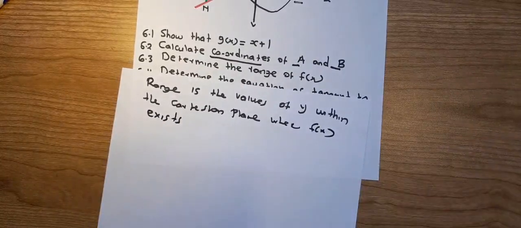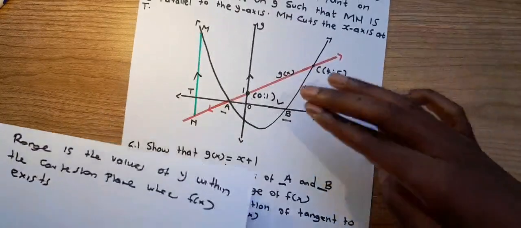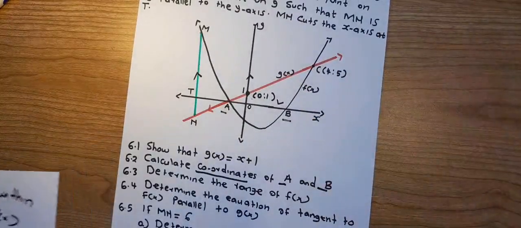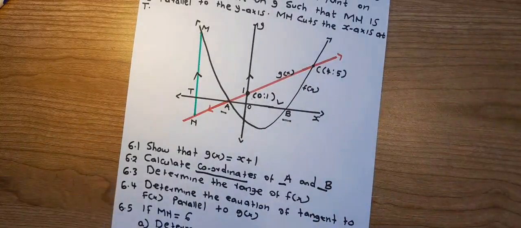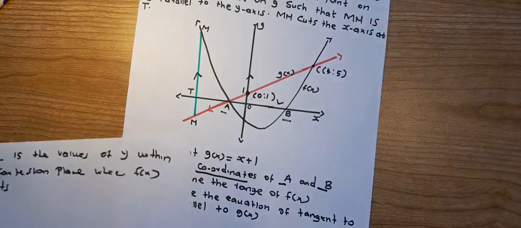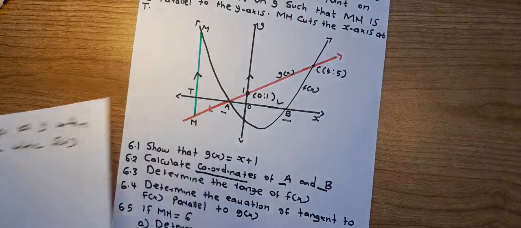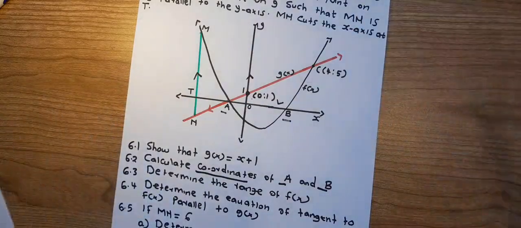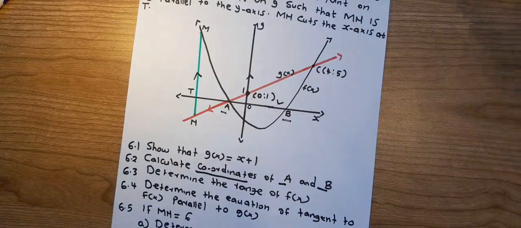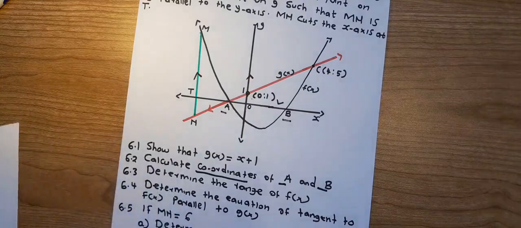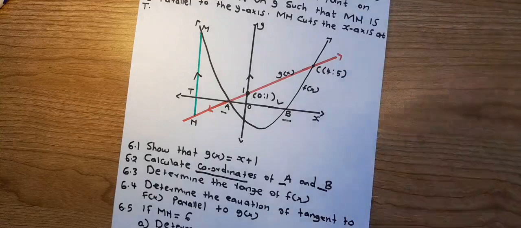When they say determine the range of f(x), they're actually trying to say, tell us from which points f(x) actually exists. Where does f(x) exist within this Cartesian plane? But tell us those points using the y values. Let me repeat. When they say determine the range, they're saying give us the points at which f(x) exists, but tell us those points with the y value.